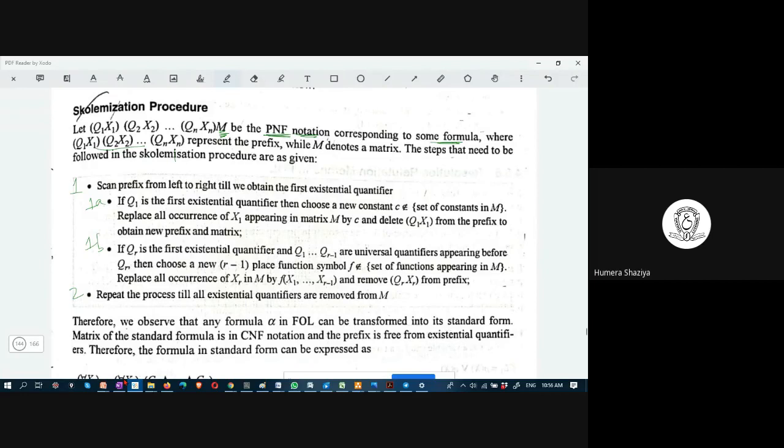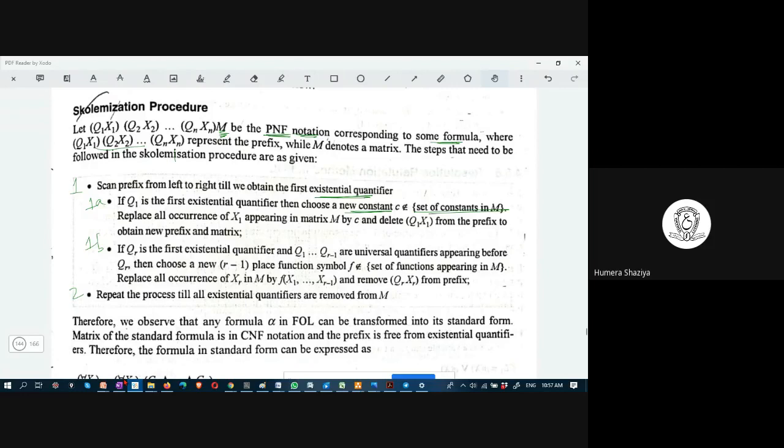Scan the prefix from left to right till we obtain the first existential quantifier. If Q1 is the first existential quantifier, then choose a new constant C, which should not belong to the set of constants in M. M is the matrix, which follows the prefix.